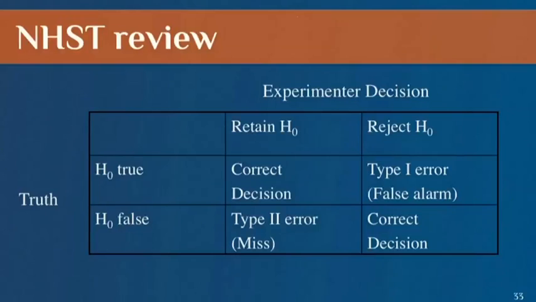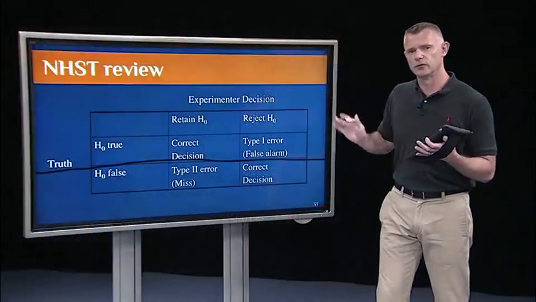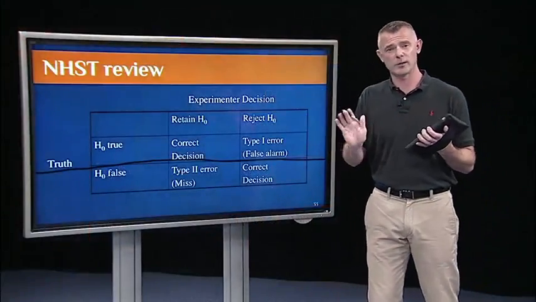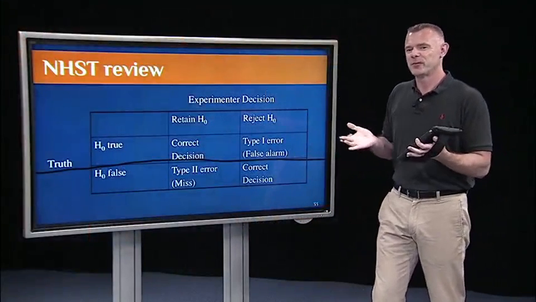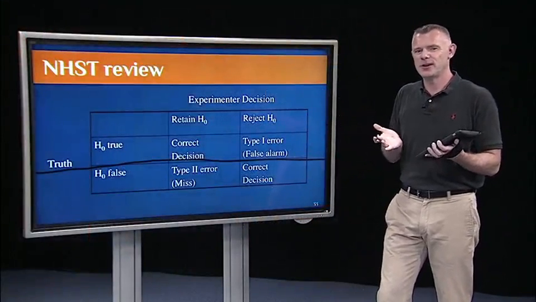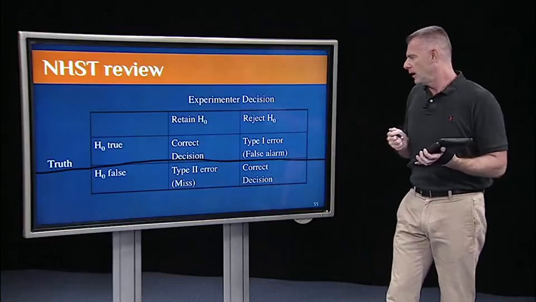You either live in a world where the null is true, or you live in a world where the null is false. Let's for a moment assume that the null is true, that you have no effect going on whatsoever, which might be the case for working memory training.